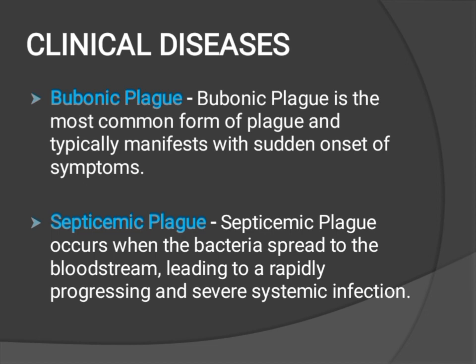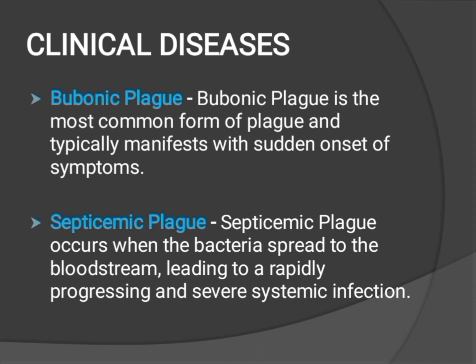Fever, chills, headache, and muscle aches are the common systemic symptoms of bubonic plague. Then, septicemic plague. Septicemic plague occurs when the bacteria spread to the bloodstream, leading to a rapidly progressing and severe systemic infection.